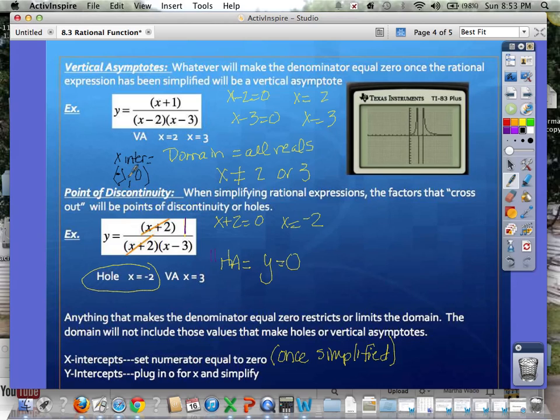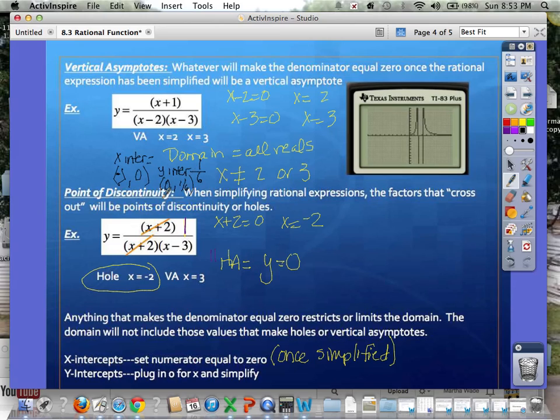All right, and then if I wanted to do the y-intercept, I will plug in a 0 and simplify for everything. So if I plug in a 0 here, I'm going to have a 1 on top, and if I plug in a 0 here, I'm going to have a negative 2 times a negative 3, which makes a positive 6, so that's 1/6. So my y-intercept would be at 0, 1/6.